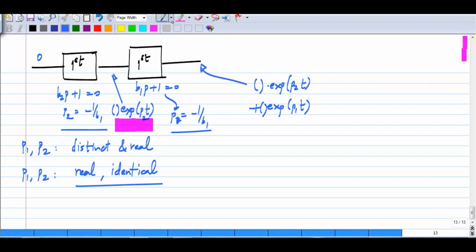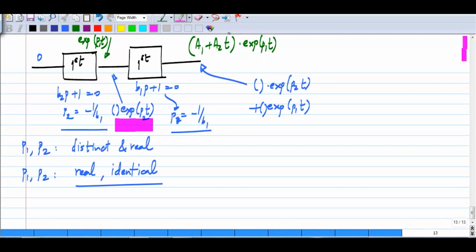So then P1 and P2 are both identical, so the output here, which is the natural response of the first order system, is exponential P1t, because P2 is the same as P1. We know that when a system is driven by its own natural response, the output will be of the form A1 plus A2t times exponential P1t.